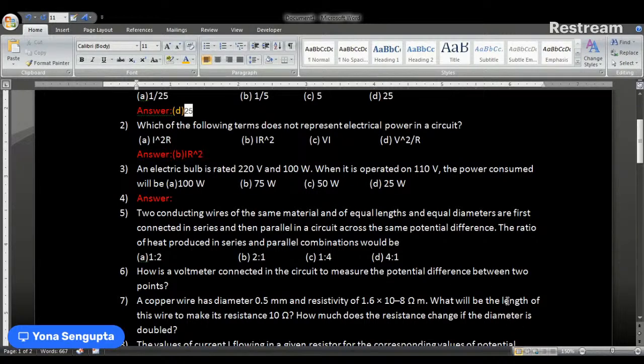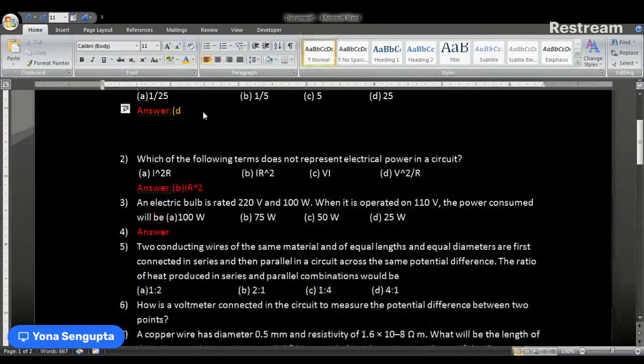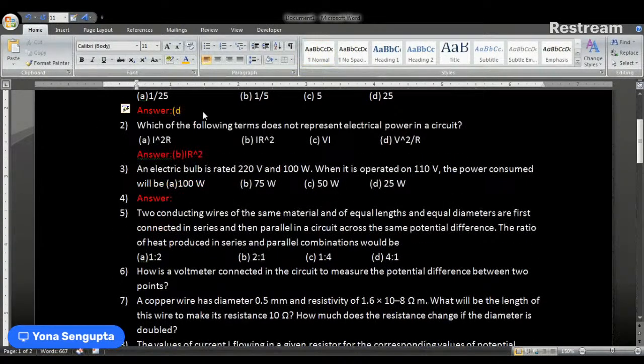An electrical bulb is here said to be rated as 220 volts and 100 watt.